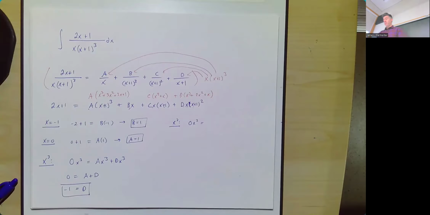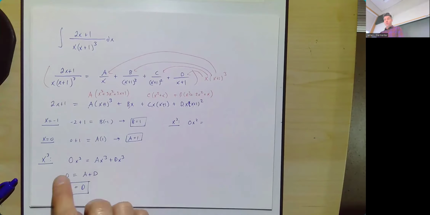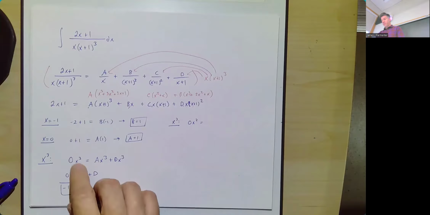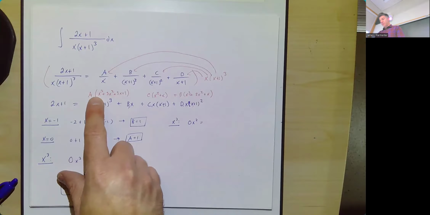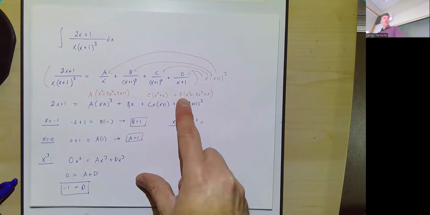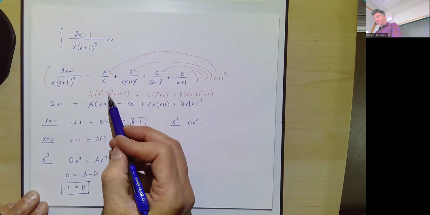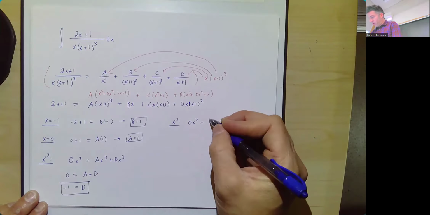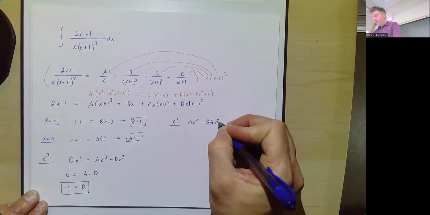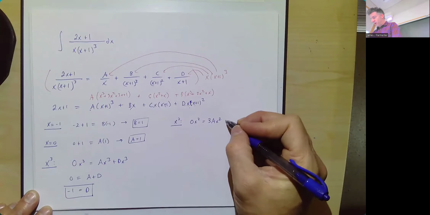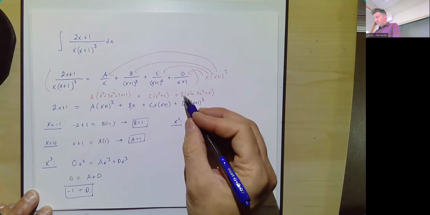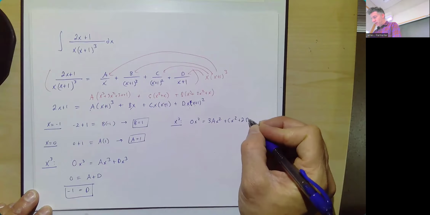And just to go back a step, my x cubed thing was right? My x cubed on the left was 0. On the right, I have a times x cubed, and I have d times x cubed. No other x cubed terms. Now for x squared, let's take a look. I would have a times 3x squared, or 3ax squared. I'd have c times x squared, and I'd have d times 2x squared, or 2dx squared.